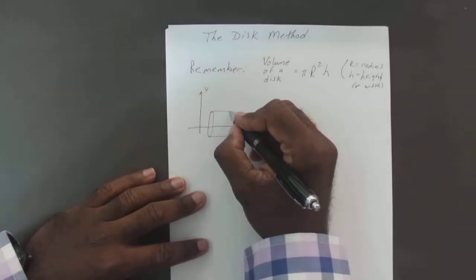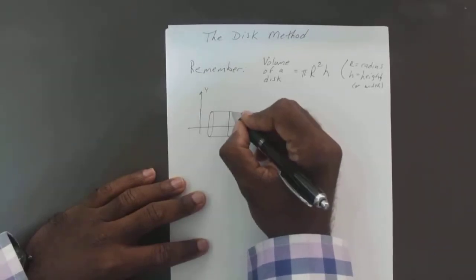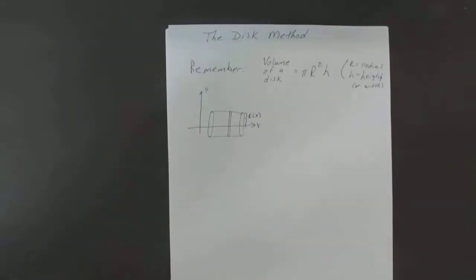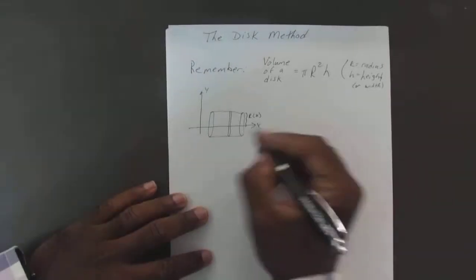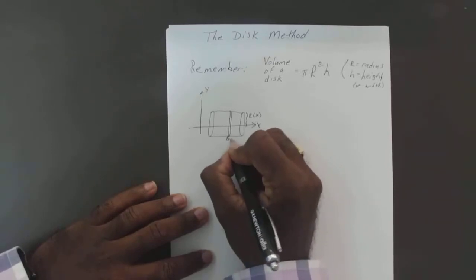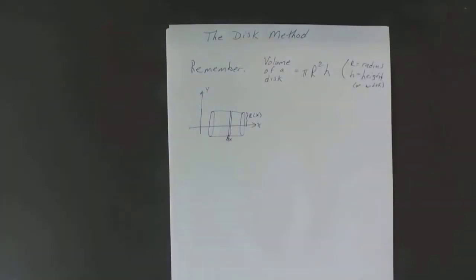If we decide to take a little slice of that one, that will give us a little cylinder or a little disc, which is really just a solid circle. I don't know why they call it disc. They say circle. So that would be our delta x, just one little slice of it.